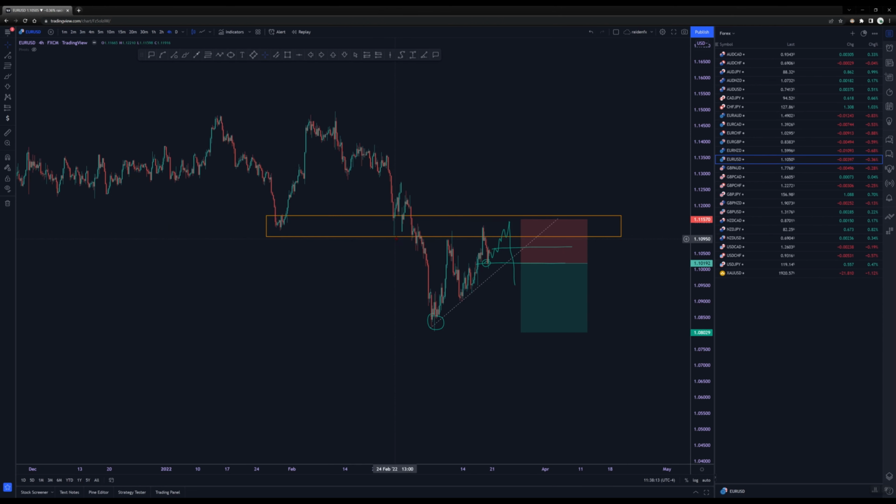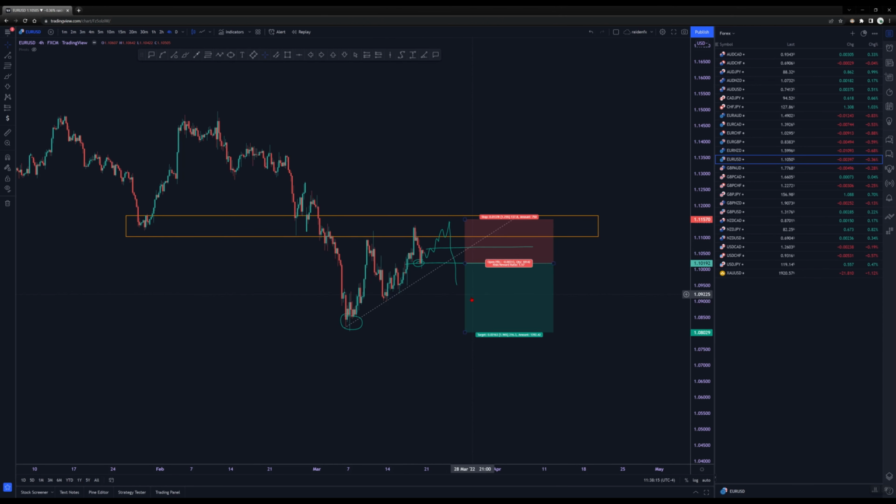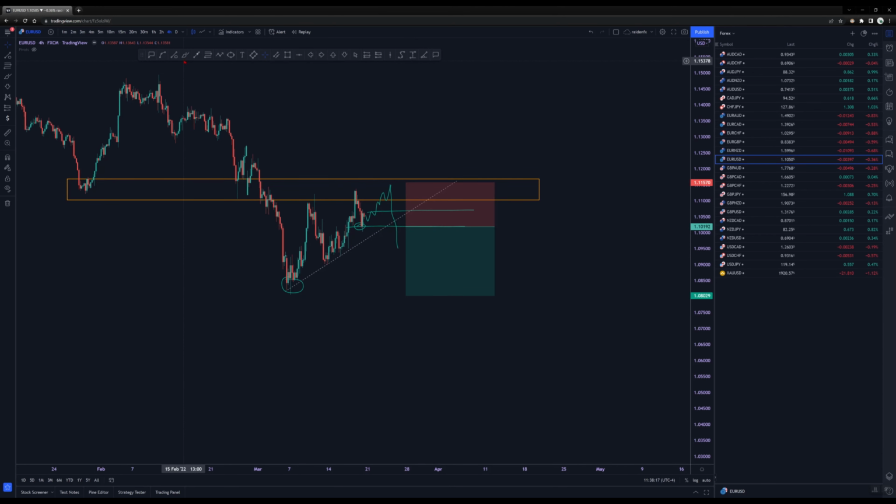But let's say they do this and price starts to continue off from this bullish market structure, and then they break our higher low, and the price starts to continue down.